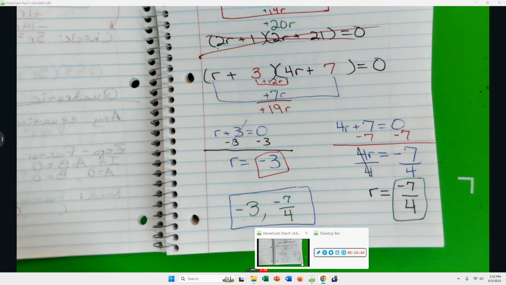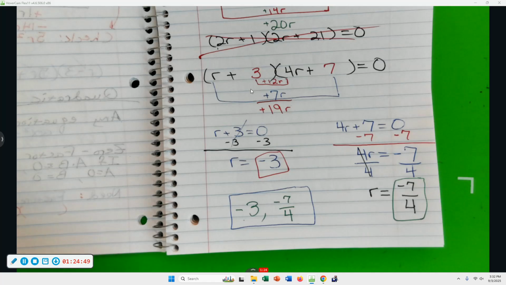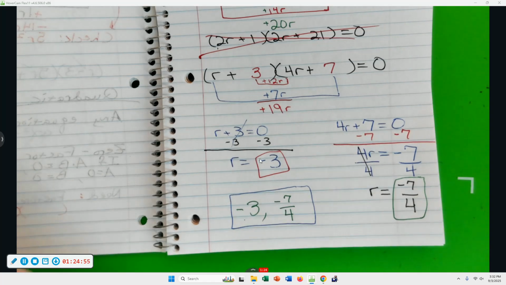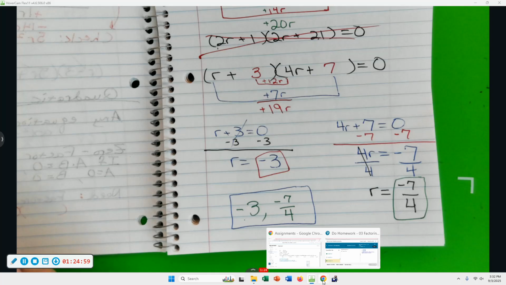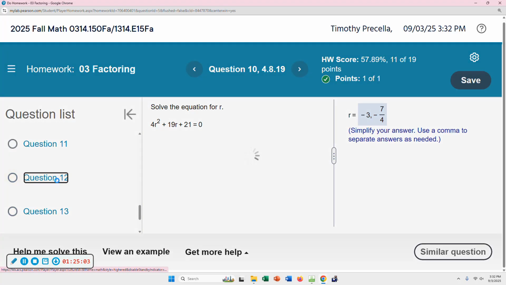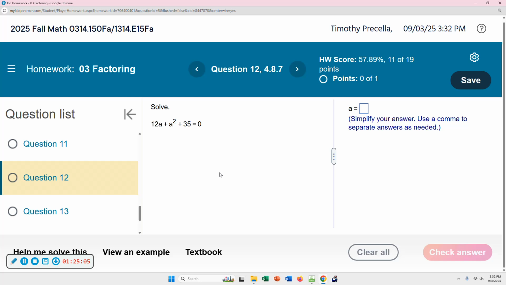Solving by factoring, the major work is getting it factored. Then you'll wind up with a couple of linear equations, and you have to remember how to solve linear equations. Isolate the variable. That's the phrase your teacher might have said. Let's do number 12. Oh, I like this one.